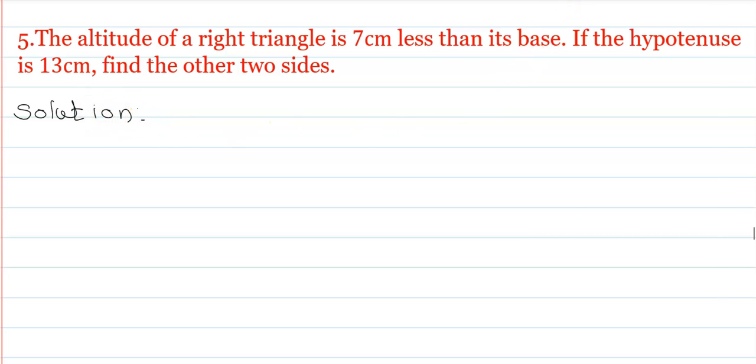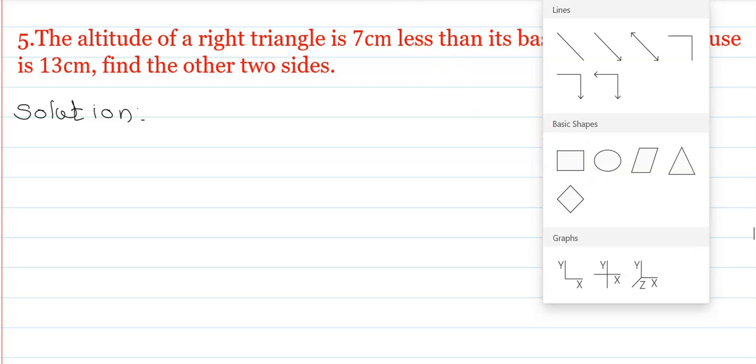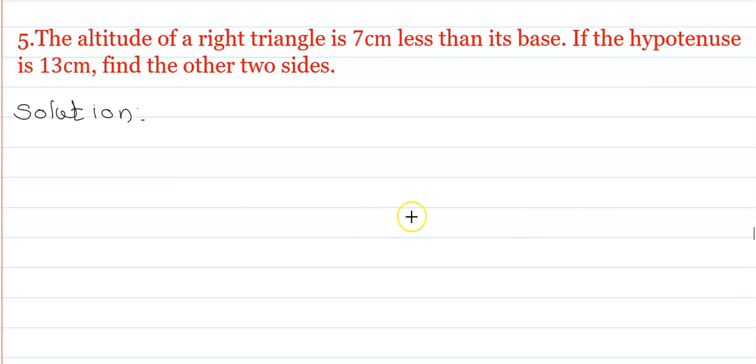The given triangle is a right angle triangle. And therefore, see this here, name it A, B, and C. The altitude of a right angle triangle is 7 centimeter less than its base.